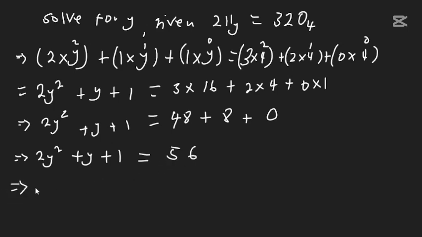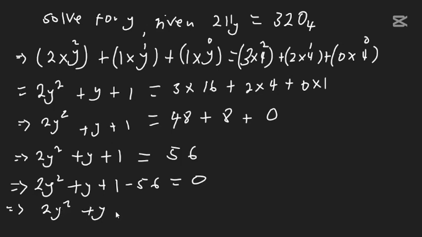In terms of regrouping, we have 2y squared plus y plus 1 minus 56 equal to 0. So this is giving us 2y squared plus y minus 55 equal to 0.